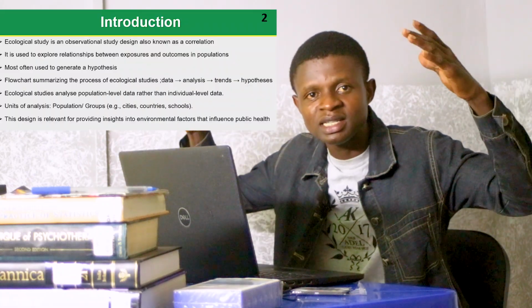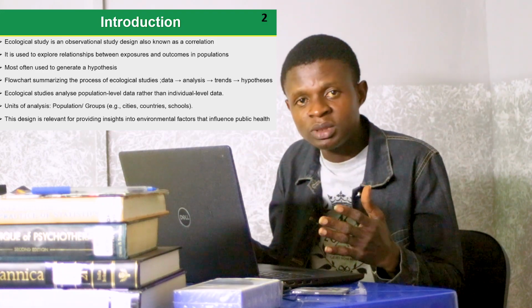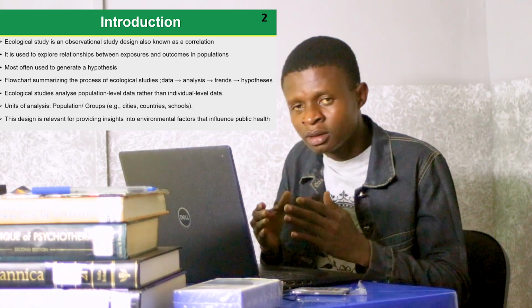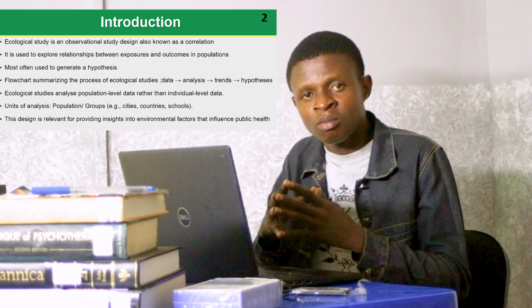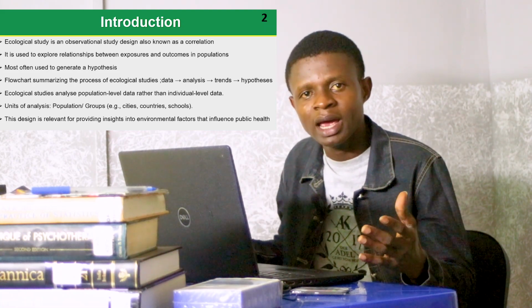Ecological study is a study that is conducted at the population level and is one of the descriptive studies. It is mostly used to explore the relationship between exposure and outcome. One example is living in a polluted environment.